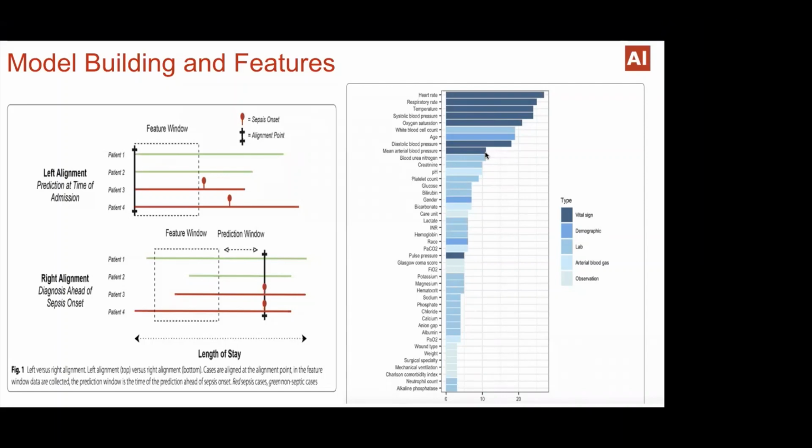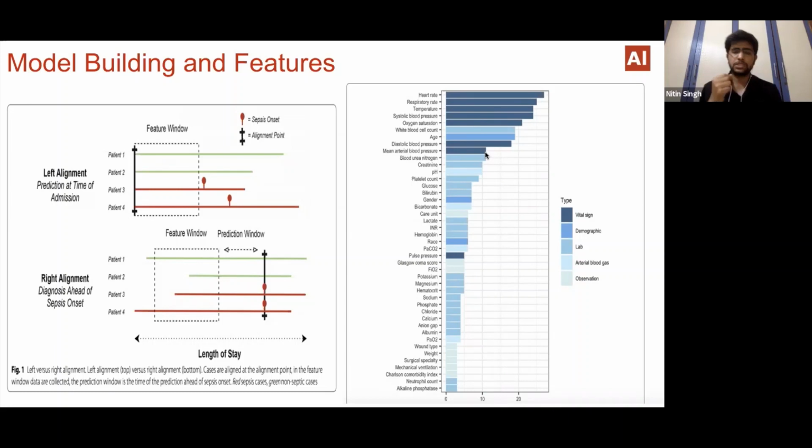I still have a doubt about the left figure, the left alignment and right alignment. Can you explain in context? Yeah, sure.